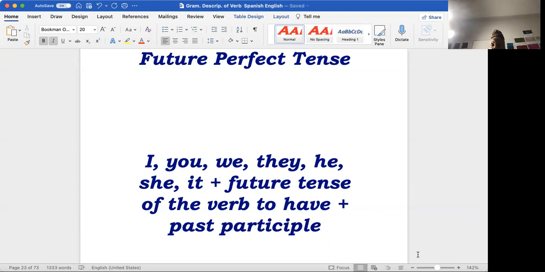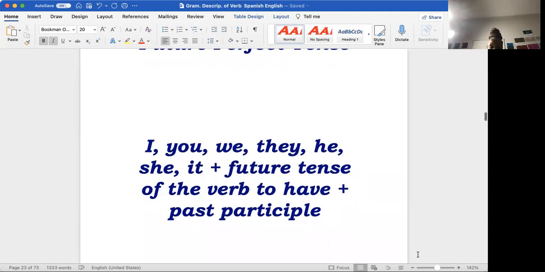I will have lived. I will have opened. It's the simple form of the verb, that's the verb without the to, plus the ed. That's it in English. It doesn't matter what the ending of the verb is because we have no endings in English.